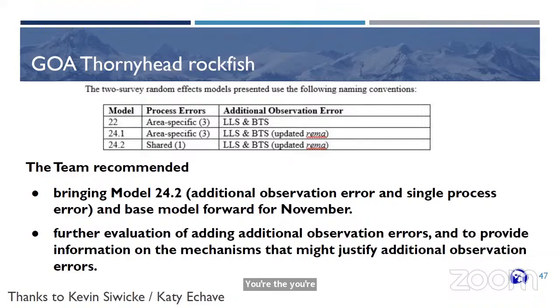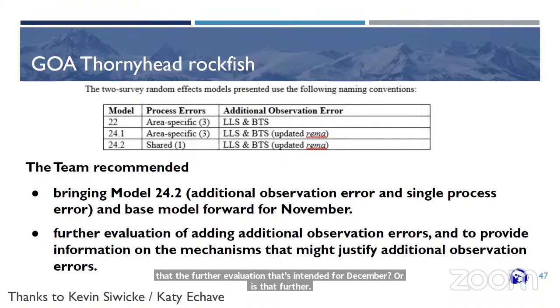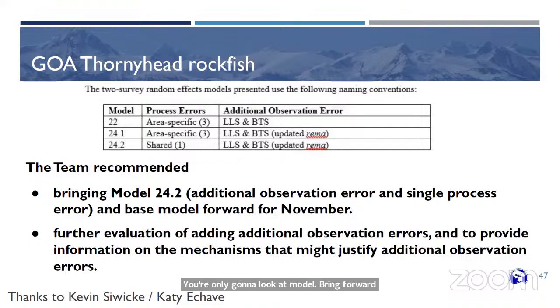The other question is the further evaluation, is that the further evaluation that's intended for December, or is that further evaluation where you're only going to bring forward model 24.2 and a base in December, or just 24.2 and no base? I guess that's a second question.